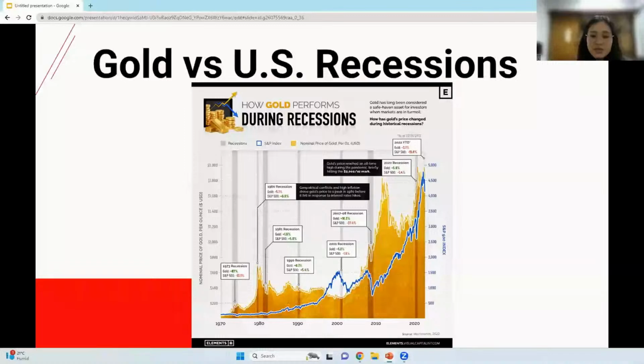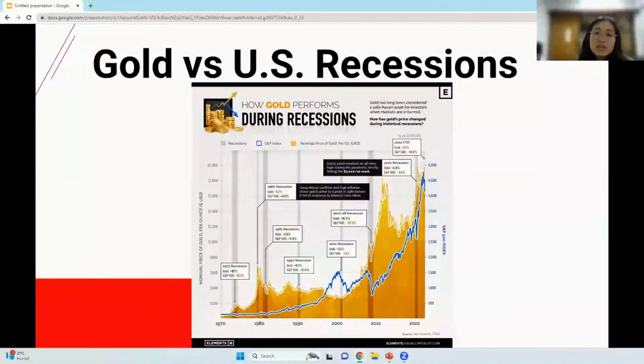In this graphic here, we're talking about how gold's value increases traditionally during recessions. Gold has been traditionally considered a safe haven asset for investors when markets are in turmoil.